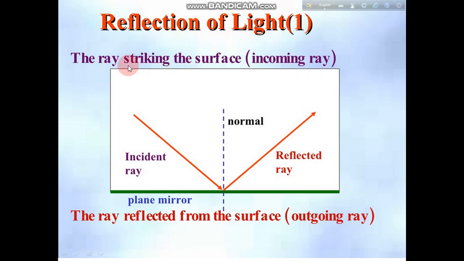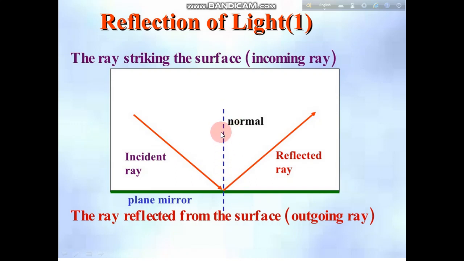Reflection of light. The ray striking the surface, that is the incoming ray, is called the incident ray. The imaginary line drawn perpendicular to the surface is called the normal.